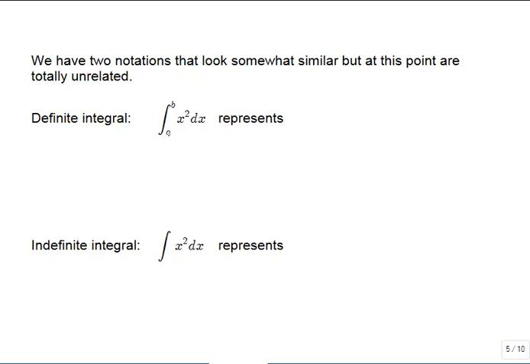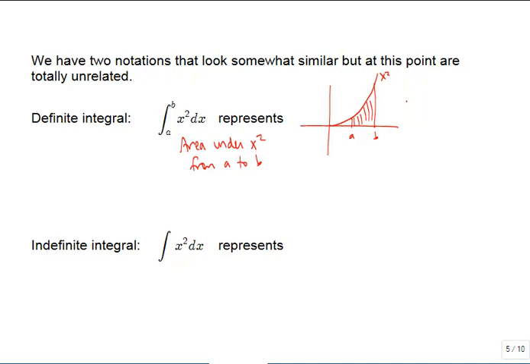For example, the integral from a to b of x squared dx. What that physically represents is the area from a to b underneath this x squared curve. So this represents the area under x squared from a to b.